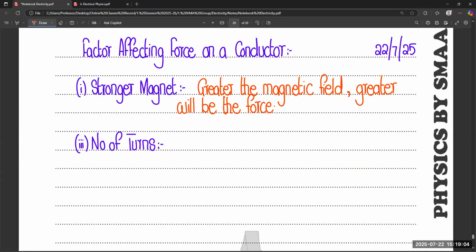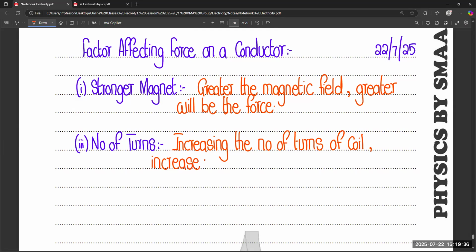So increasing the number of turns increases the force on the coil.